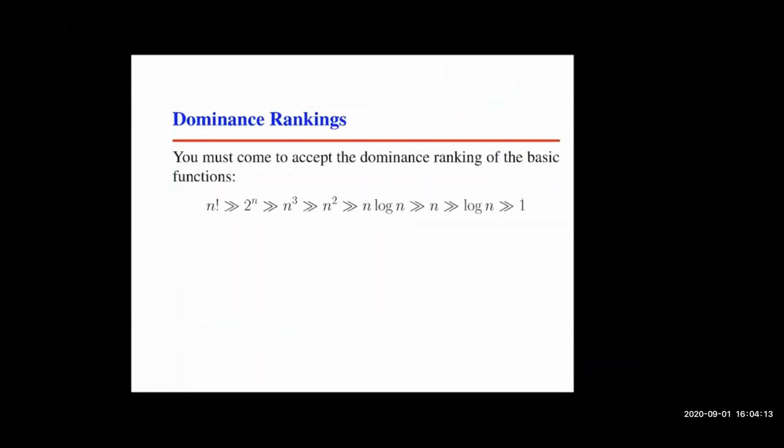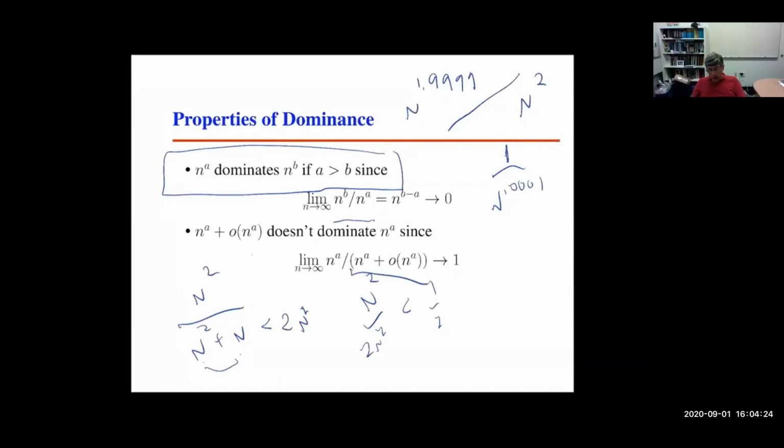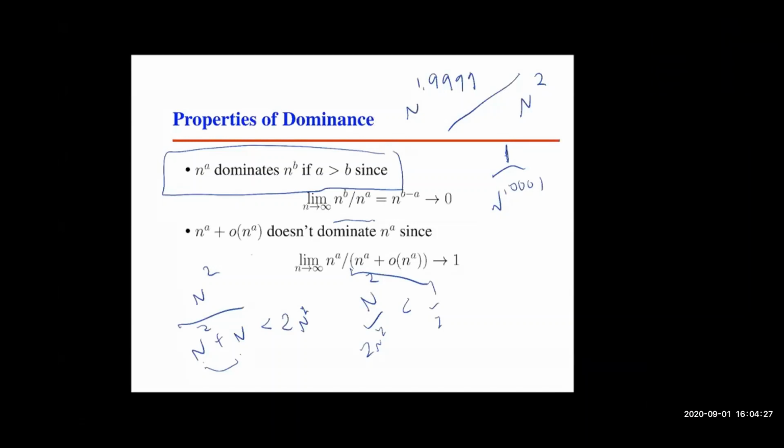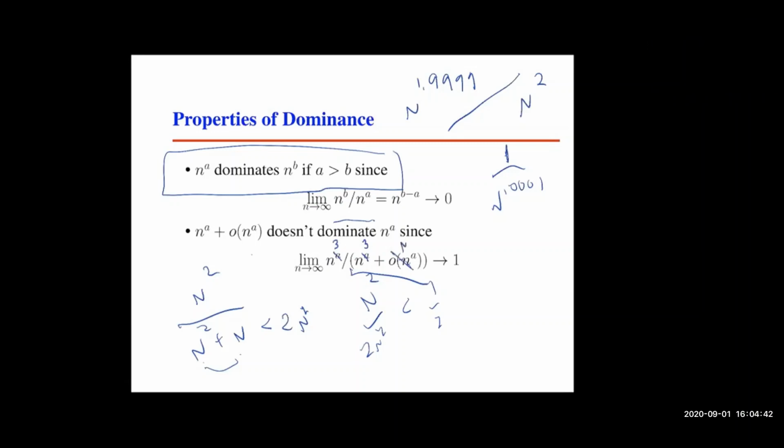Yeah, how do you add a little o of n, I believe it was, in the previous slide? Yeah, sorry, n to the a. So what was this saying? This was saying, what is the ratio of n over n to the a? Let's think a is going to be 3, n cubed, something that grows strictly slower than n cubed. n squared grows slower than n cubed, right?